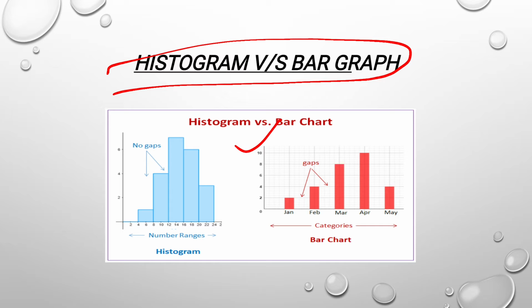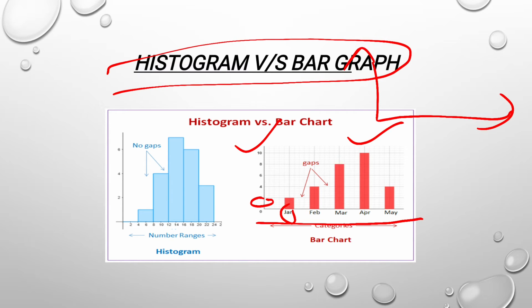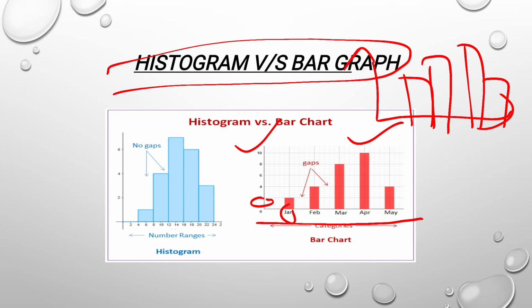A bar graph is again a graphical representation of data where the heights of the bars represent the frequency and the individual bars represent the particular data. In the case of a bar graph, we have two variations, simple bar graph or double bar graph. If you want to compare two things simultaneously, we can use a double bar graph, right?